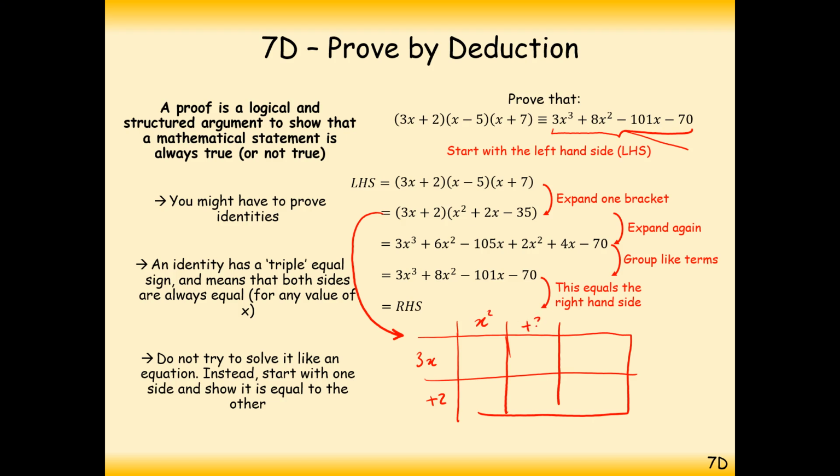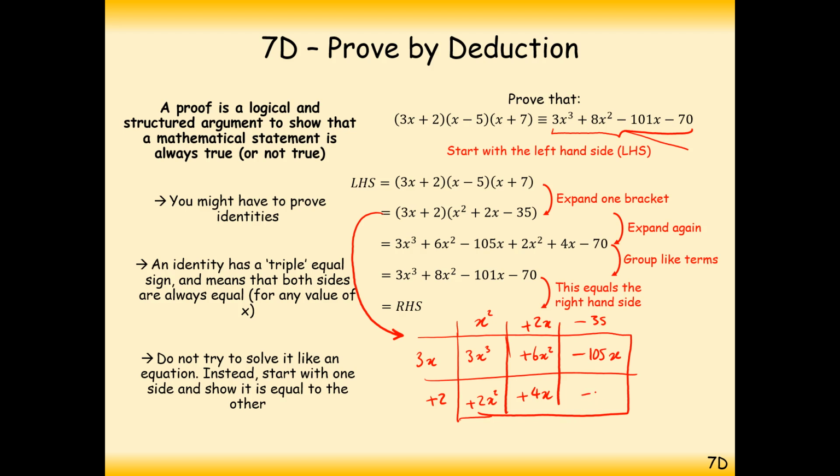I would have written them like so, that minus 35 here. So here's 3x cubed, plus 6x squared, plus 2x squared, plus 4x, minus 35 times 3, that's 90, and 15 makes 105x.